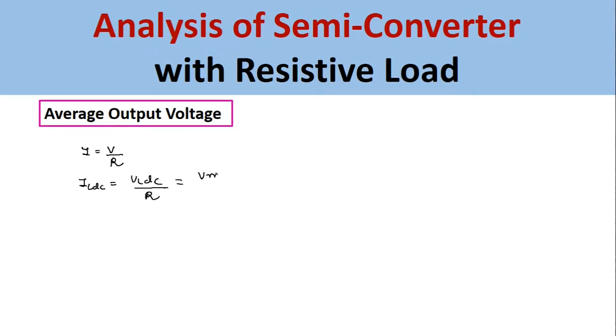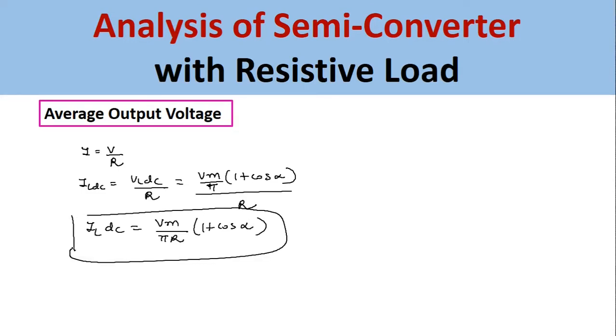We got Vm upon pi into 1 plus cos alpha divided by R. So ILDC will be equal to Vm upon pi into R into 1 plus cos alpha. So this is the equation for the average DC output current when we are using the resistive load.